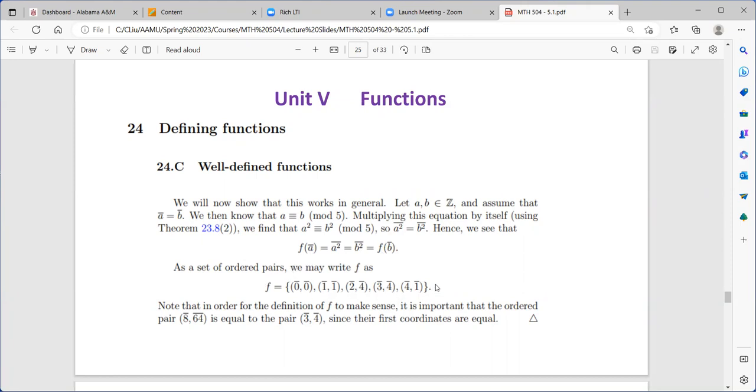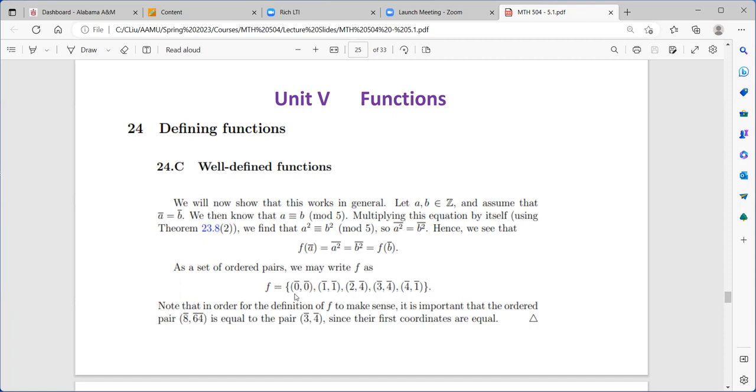Okay. So you can actually write down the function explicitly as the set of ordered pairs. We only have 5 ordered pairs. Remember, there are only 5 classes in Z5. So these are 0 bar, 1 bar, 2 bar, 3 bar, and 4 bar. And paired with each class of the domain, we can easily find the function value for each class.